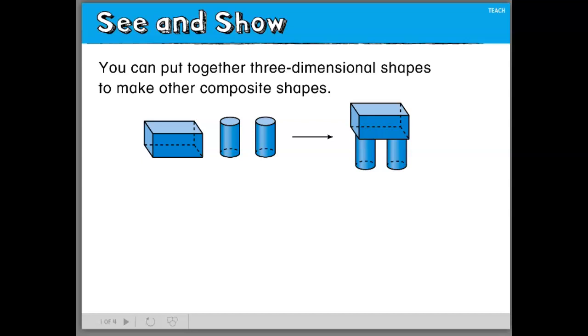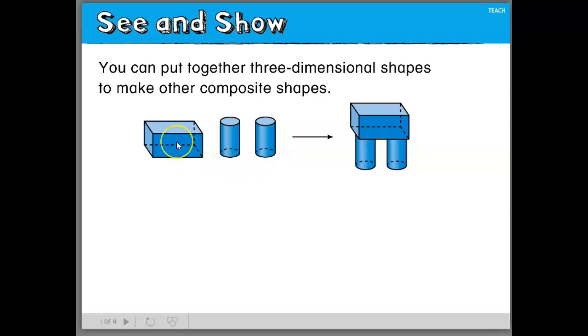So now that we've practiced making composite shapes using our 3D shapes and making patterns, maybe you could find some things around your house to do this with. So for your shapes, you could either use cans of pop or cups or something like that for your cylinders, cans of soup, cans of vegetables.